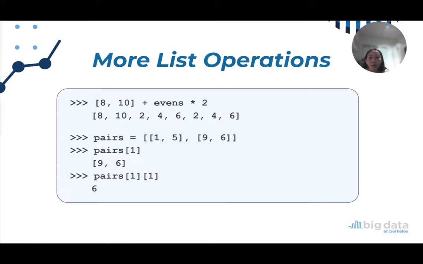So 1, 5 would be our 0th position, and 9, 6 would be our first position. So we receive 9, 6. But if we call another bracket, we can look within this 9, 6 to look at 6, since 6 is the first position in the list 9, 6.